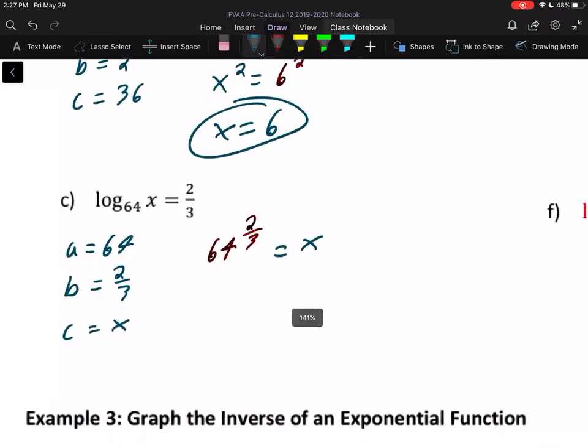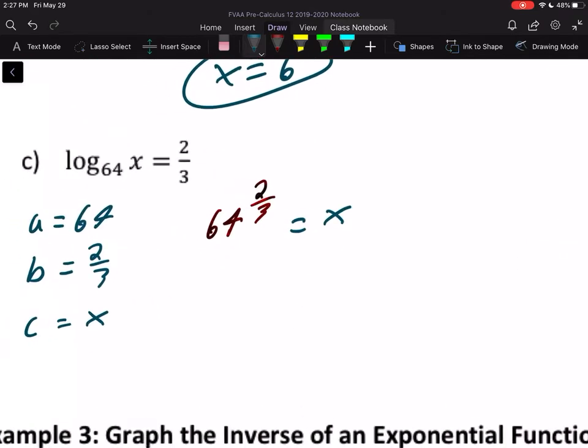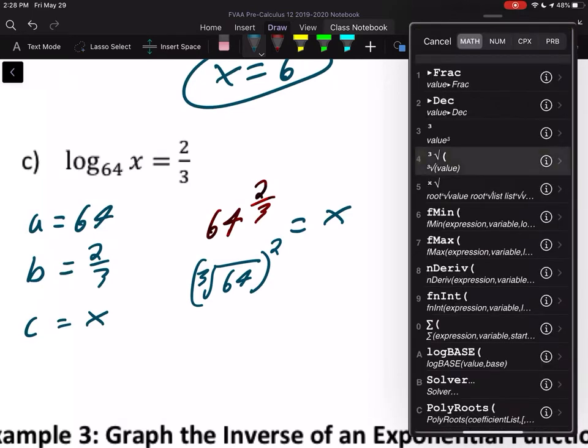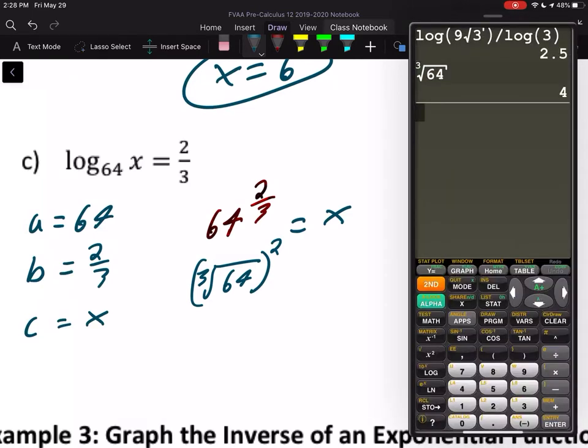Here it might be helpful to turn this into a root, cube root or whatever. So this would be cube root of 64 squared. Okay, if you look at the cube root of 64, that is equal to 4. So this is 4 squared is equal to x, so 16 is equal to x.